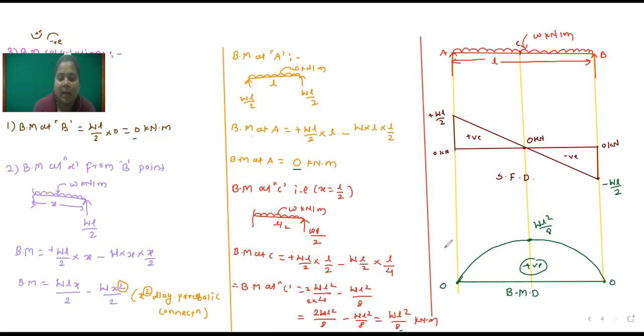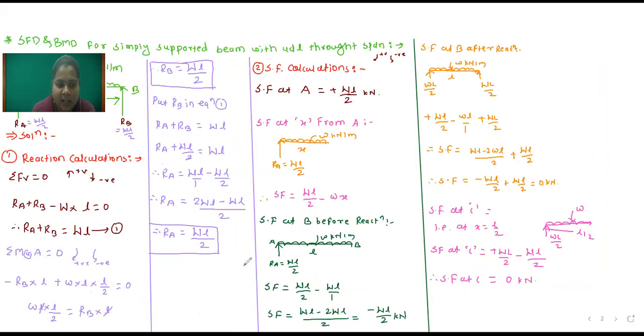And why have we drawn this parabolic nature? Because x power is 2. That's why we have drawn it parabolic. And here you observe, we have calculated shear force at X distance.